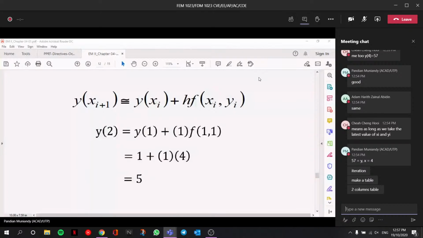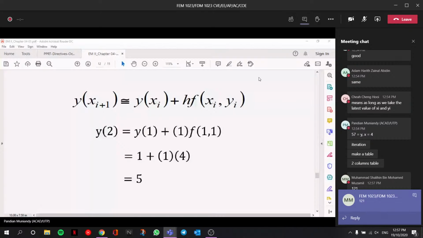When x is 5, we take 57 plus h times f4, where f4 is 4 times 4 squared. 4 squared is 16, and 16 multiplied by 4 is 64. So 57 plus 64, what do you get? 121.